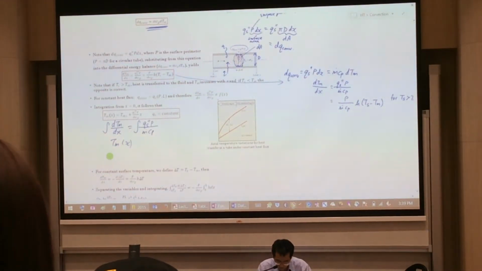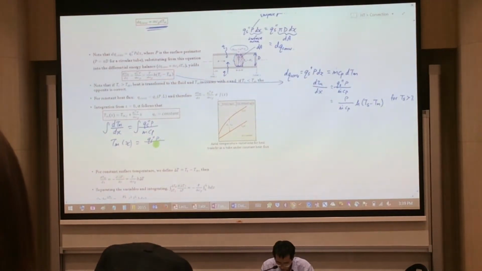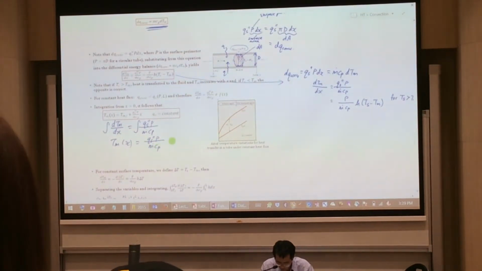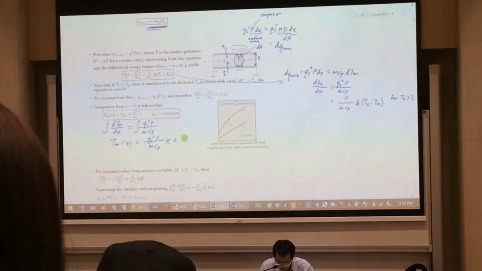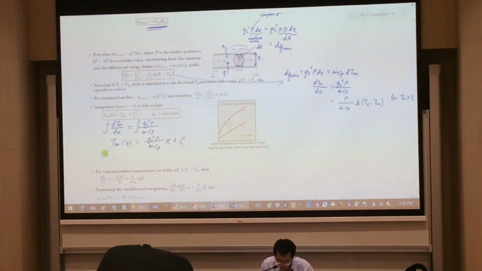And integrating this part over here, I'll get Qs double prime P over m dot Cp times x plus the constant C. So in order to solve the constant C, I need the boundary condition.